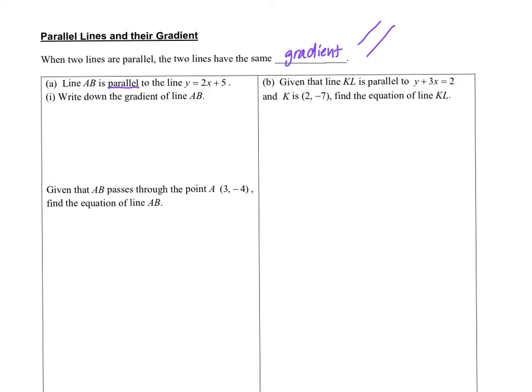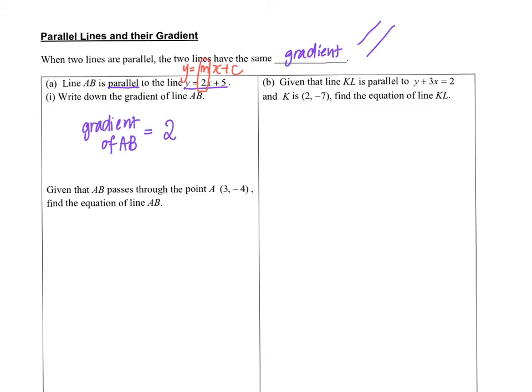Now the gradient of AB will be equal to the gradient of this line. What's the gradient of this line? We have y equals mx plus c, and the m is 2. So the gradient of AB will be 2.